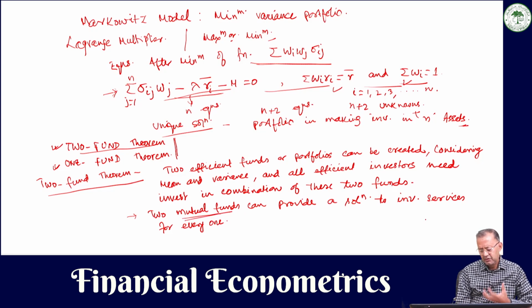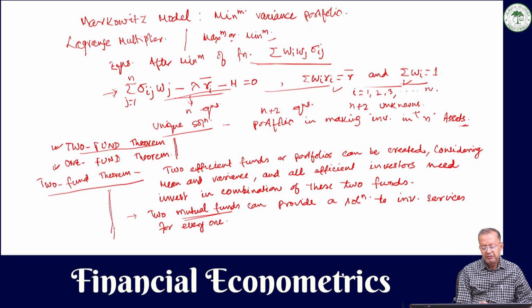So by mutual fund we do not mean investment in any one fund or something like this. It's a diversity of funds, where the individual saves and makes investment, and that is invested into a diversity of funds. So if two mutual funds are there, they provide a solution to the investment services for everyone. This is the crux of the two-fund theorem. The two-fund theorem can provide the maximum return as well as the minimum variance to these investors.